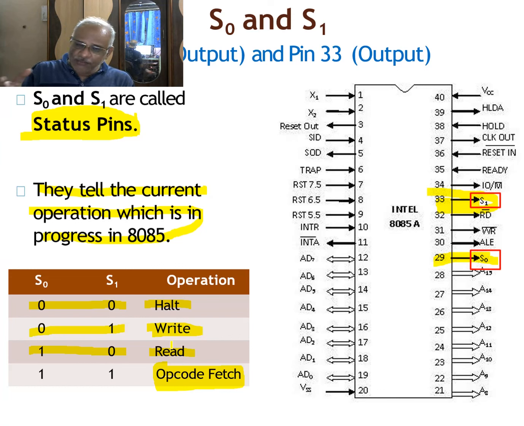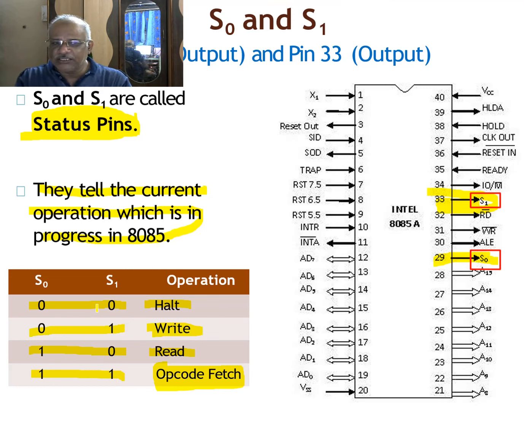So when the microprocessor is in the process of fetching the operation code from the memory location into its inside, that particular operation is communicated to other ICs by creating S0 is equal to 1 and S1 is equal to 1.